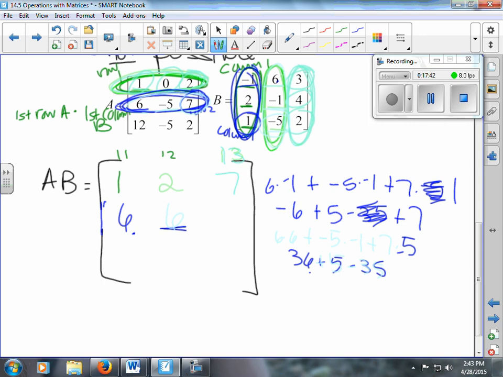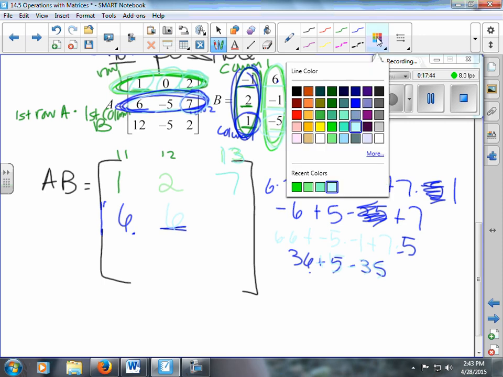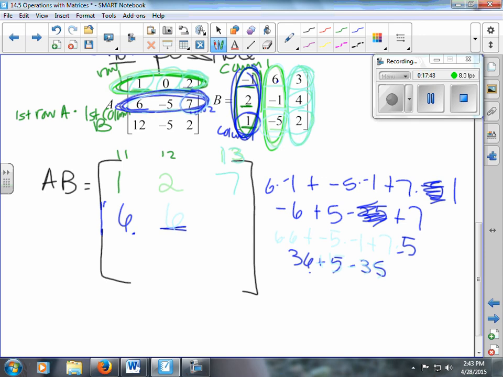All right, now let's do our row 2, column 3. So I'm going to do 6 times 3 plus negative 5 times 4 plus 7 times 2. All right, so I get 18 minus 20 plus 14. Is that 12? All right, last, let's work with some warm colors here.